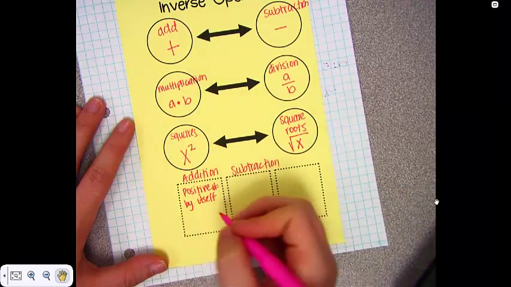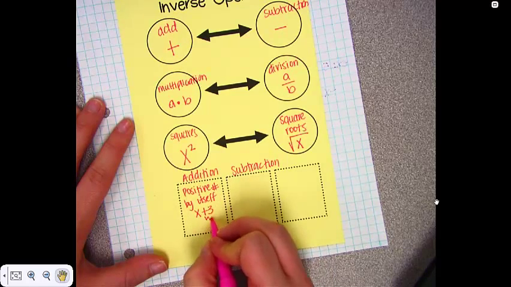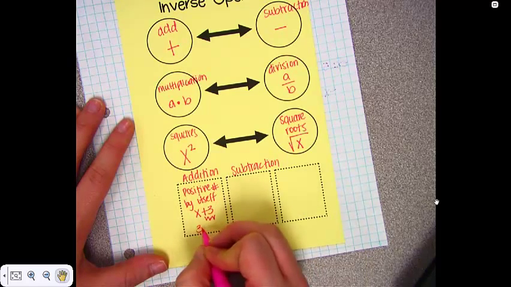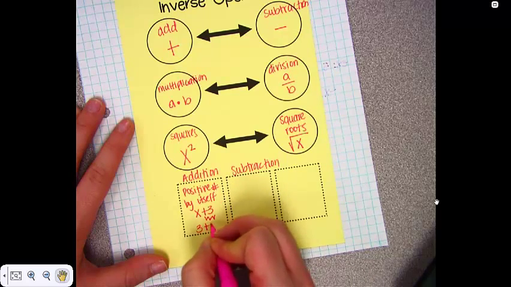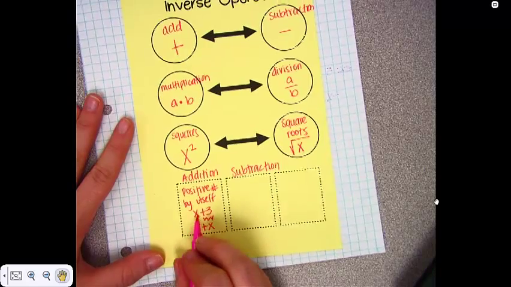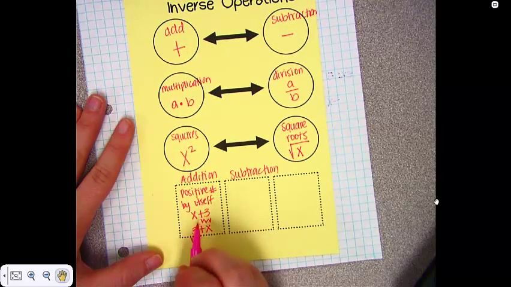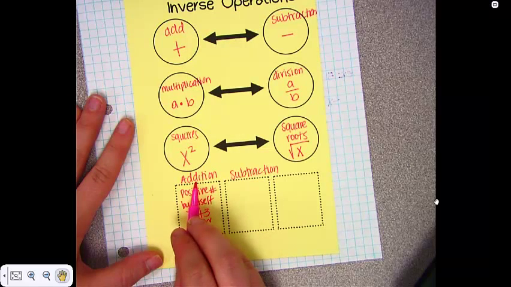So we could say that x plus 3, this is addition, but also 3 plus x, because this 3 is a positive 3. That means that it's an addition problem, which means the inverse would be subtraction. So both of these are positive 3's, and therefore it is addition.